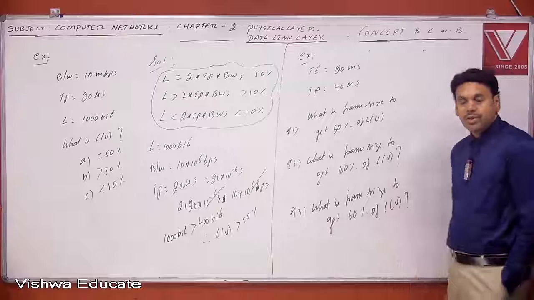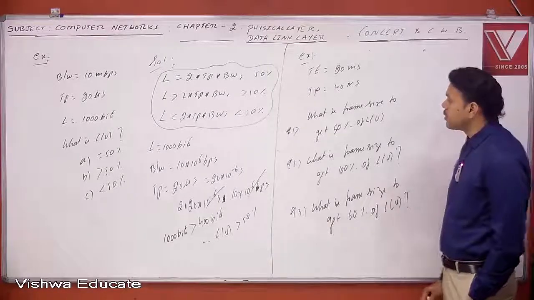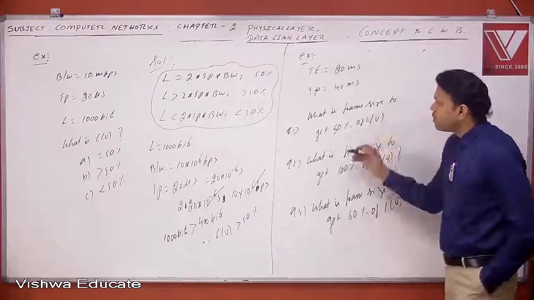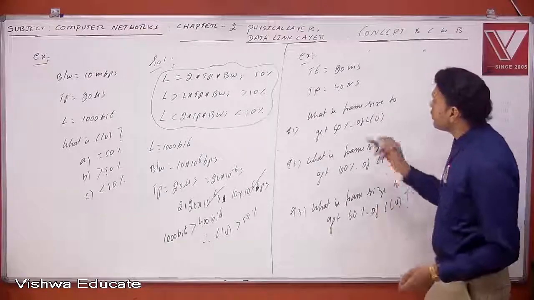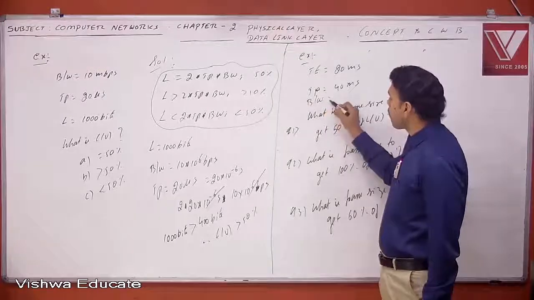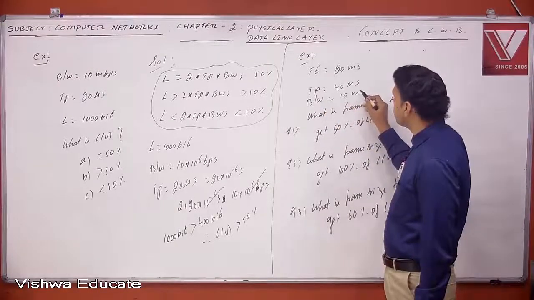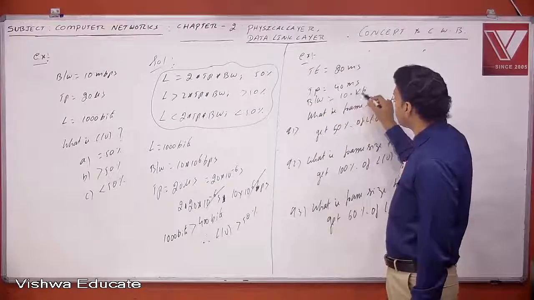This is how you may get questions. Okay. Copy this, we will solve individually. And we also want to on bandwidth 10 Mbps, better 10 kbps.